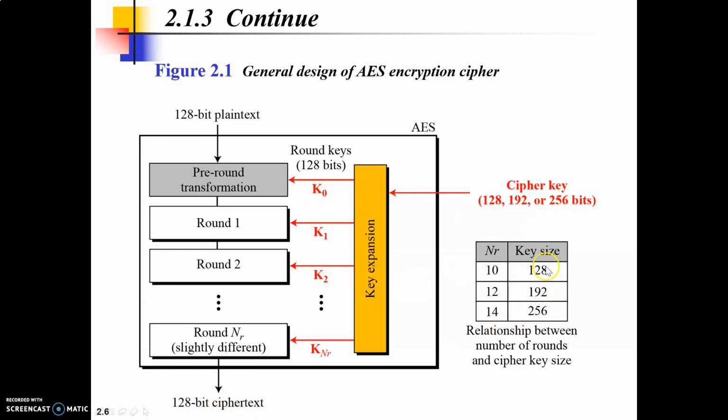So key size is going to depend upon the number of rounds. If we are going for 10 rounds, that means if we have K0 to K9, then our key size is going to be 128 bits. If we have 12 rounds, then our key size is going to be 192 bits, and if we have 14 rounds, then our key size is going to be 256 bits.